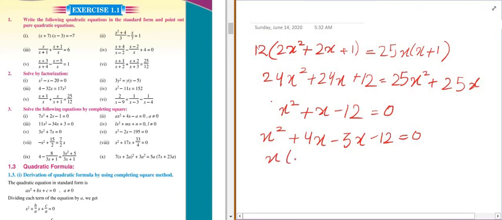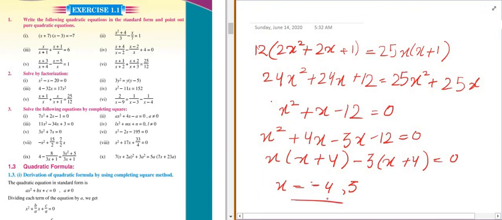Just take x common: x plus 4 minus 3 x plus 4 equals 0. The roots which we get are x equals minus 4 and 3. So the solution set is minus 4 and 3. Clear?